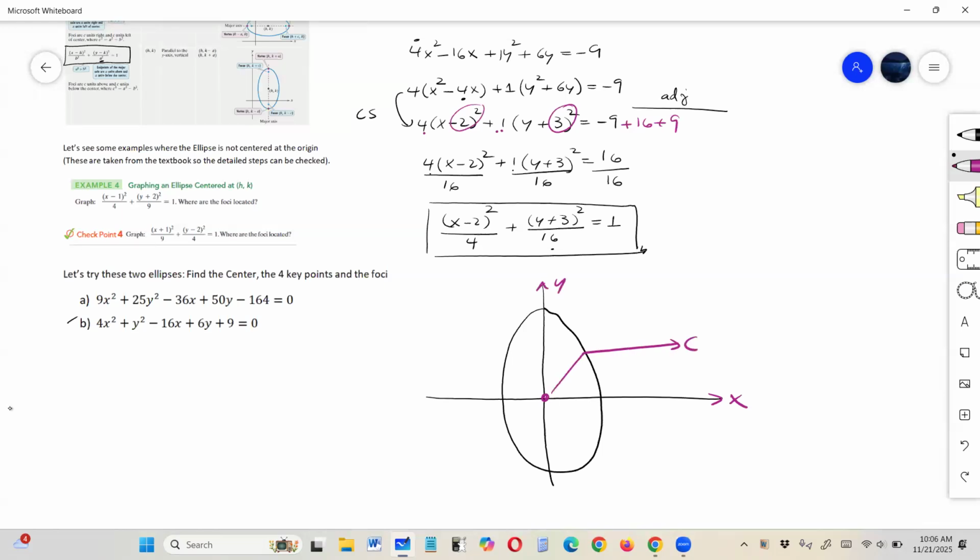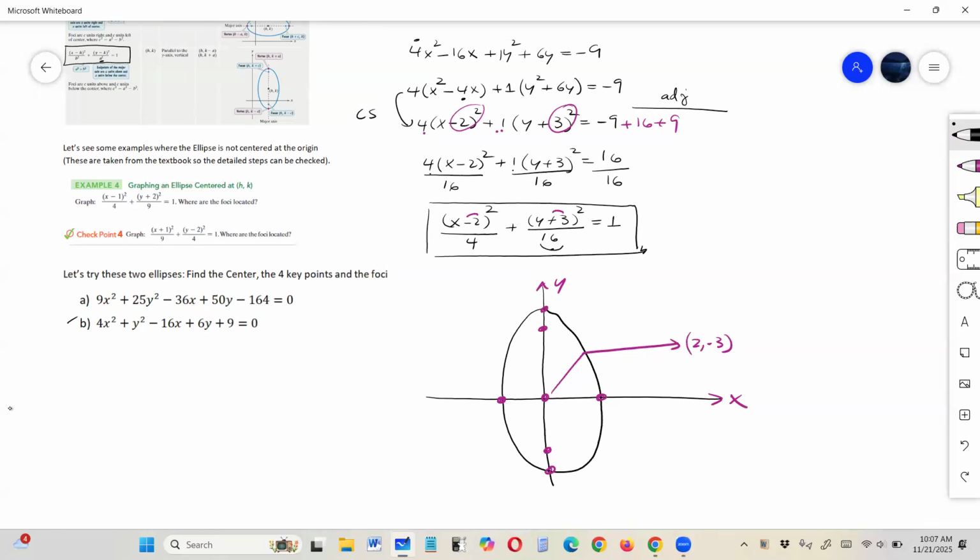Here's the center, main vertices, foci, minor vertices. Now, we always begin with the center. And the center would be 2, -3.